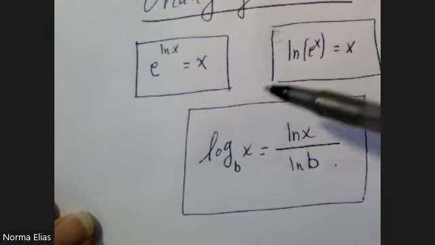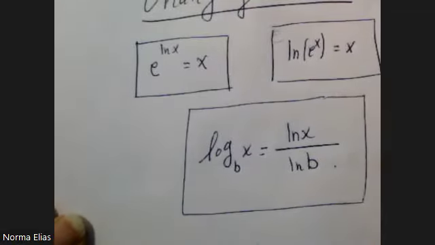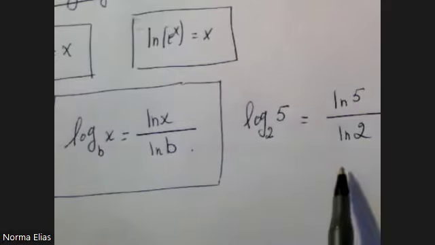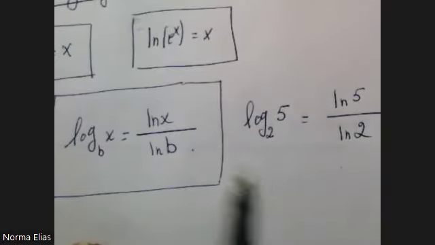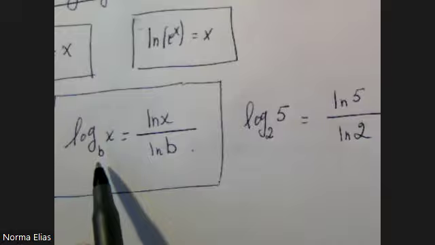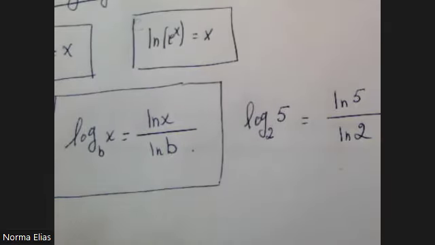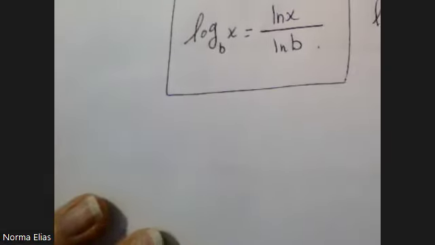So if you want to find log base 2 of any number, this is telling us that it is the natural log of this number divided by the natural log of 2. That's really the interpretation of this formula. So if you want to move from a base b to the natural log, that's the formula that will help us to move. So now I'm going to write simple questions and we're going to work with them.